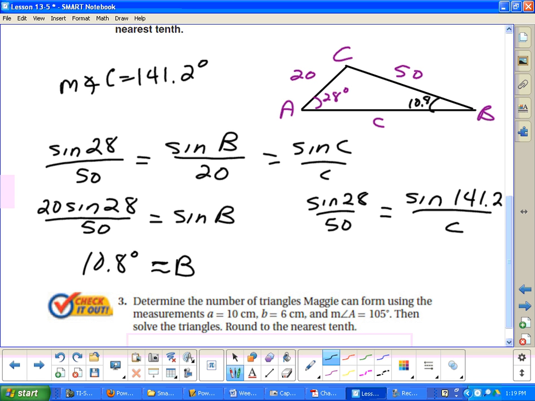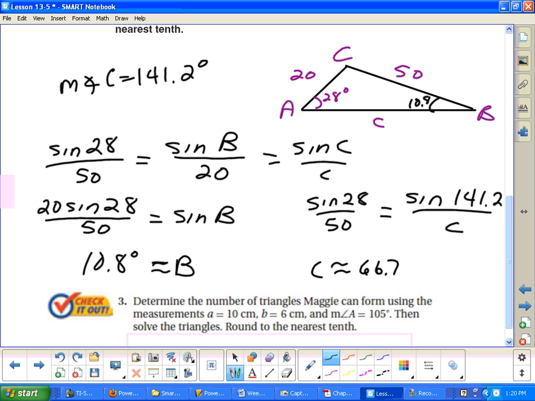To find the last side, use the two angles I know and the side. So we get side c, which is going to be the longest side, because it's across from the largest angle.